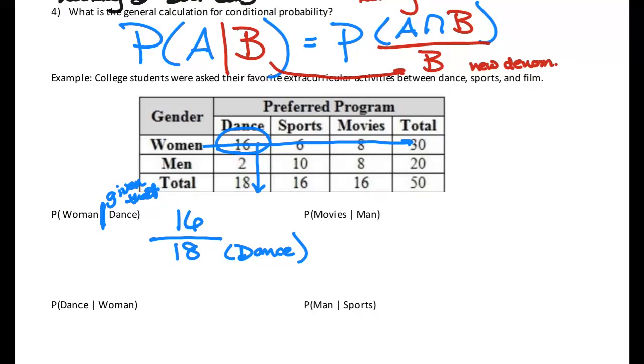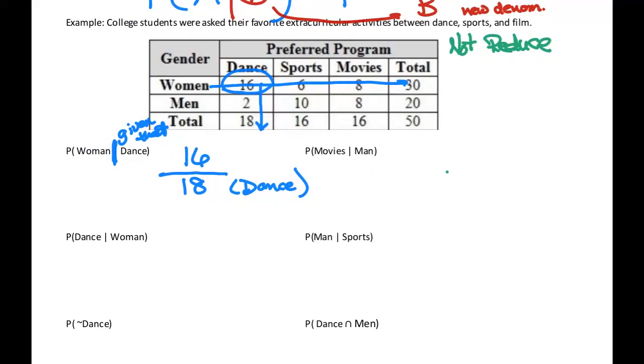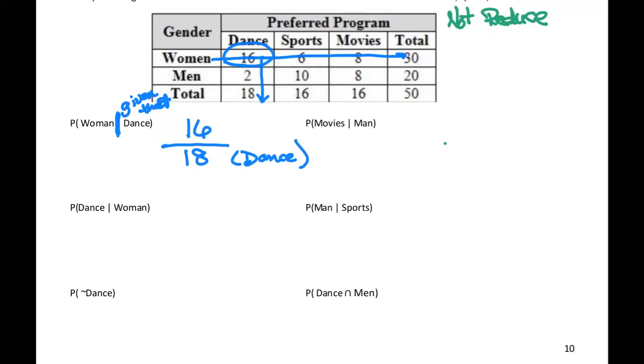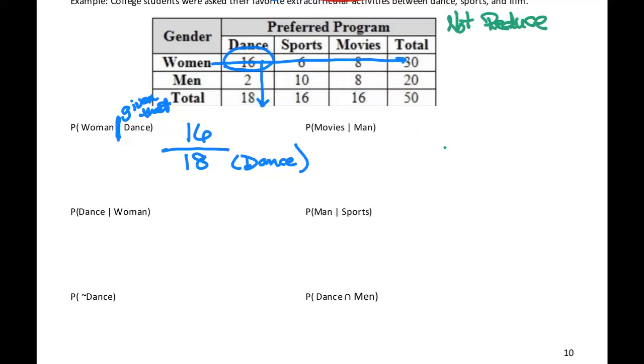And let me preface this by saying we are not reducing. We're just going to leave it with the numbers we have. All right. Any questions on that one? So you are coming up with a new denominator here.